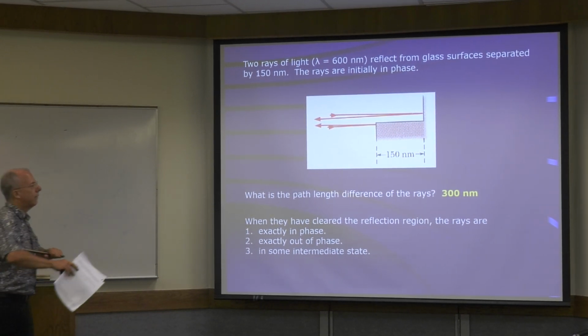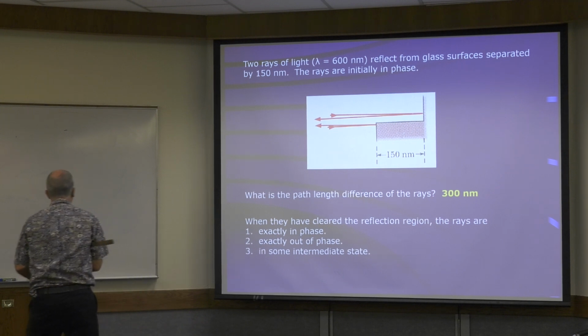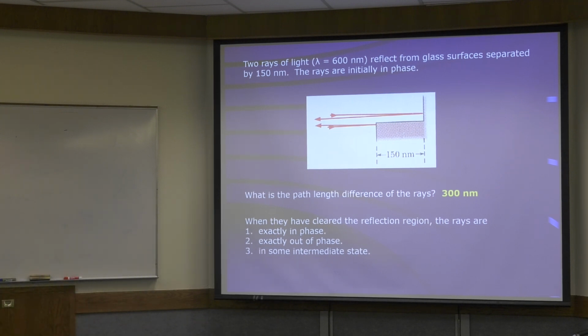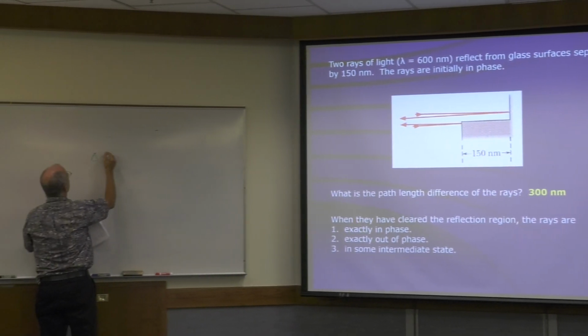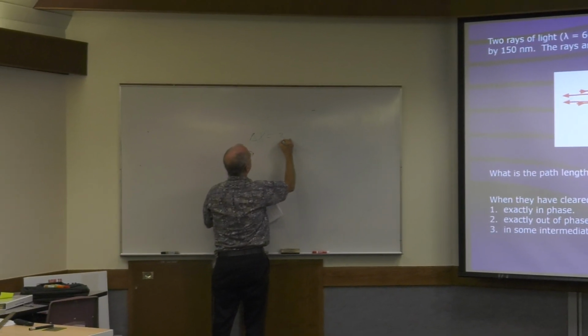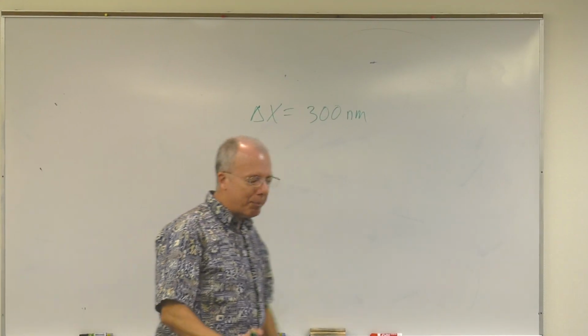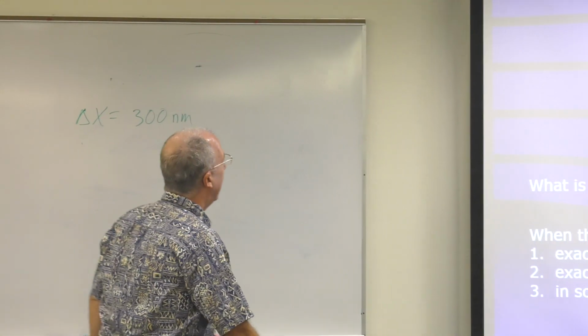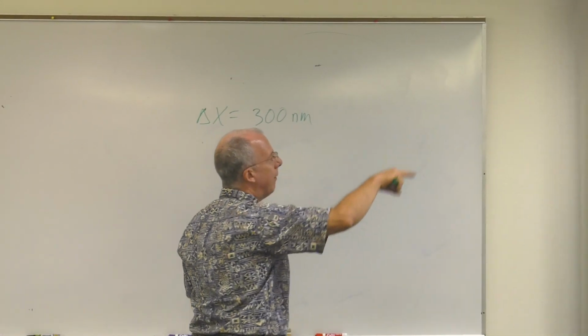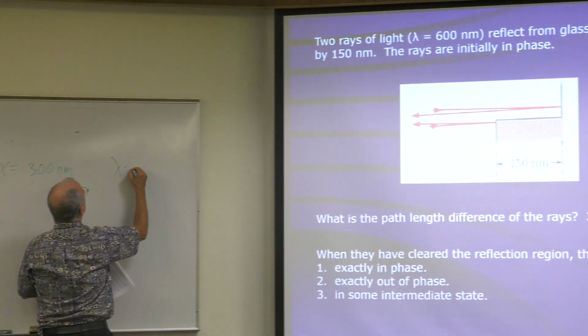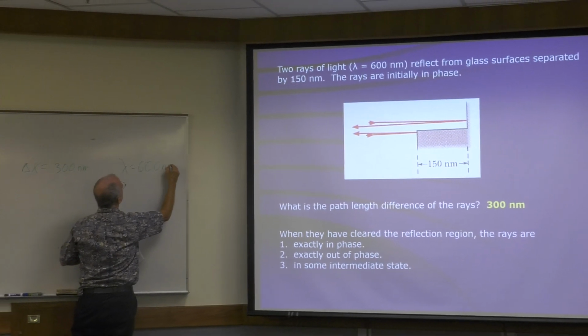Okay, we're back. Now think about it. The path length difference, or delta x, whatever you want to call it, was 300 nanometers. Now, I made up this problem to be nice. The wavelength is 600 nanometers.